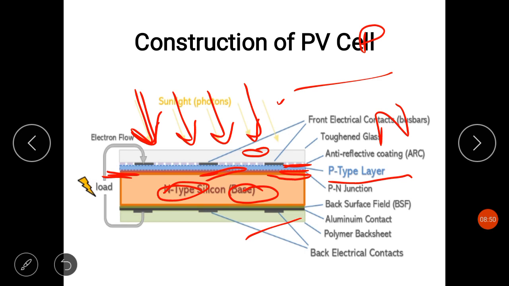That's why the name is photovoltaic, because of its voltage producing capability, and this capability is because of the light incident on it. Photo means light, voltaic means voltage. It induces a voltage because of the light falling on the photovoltaic cell.